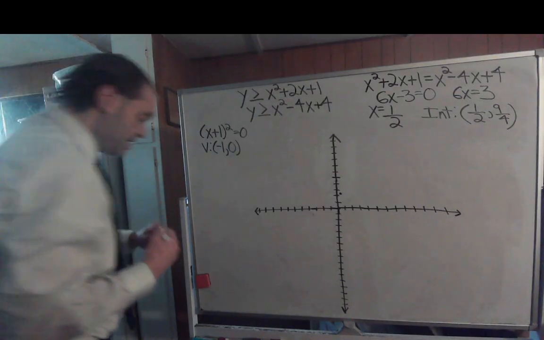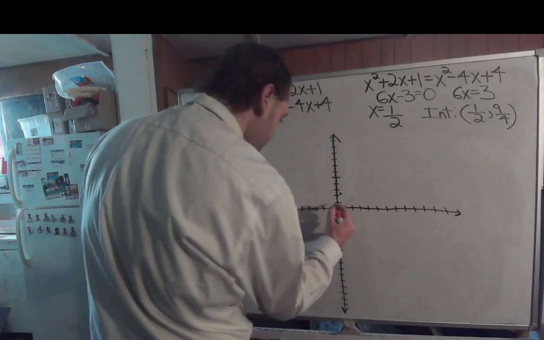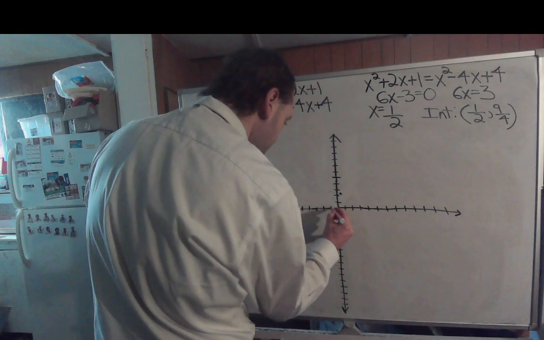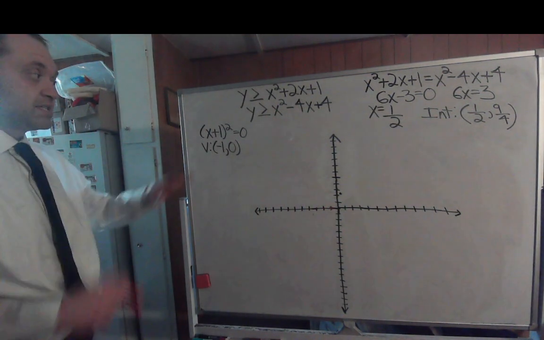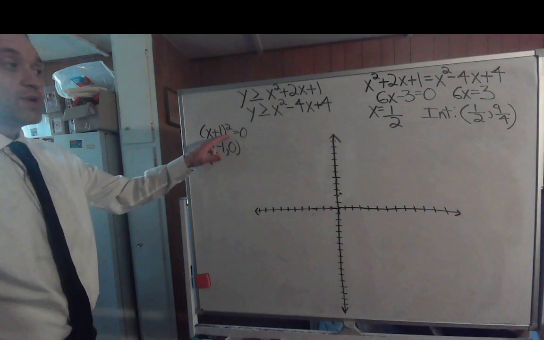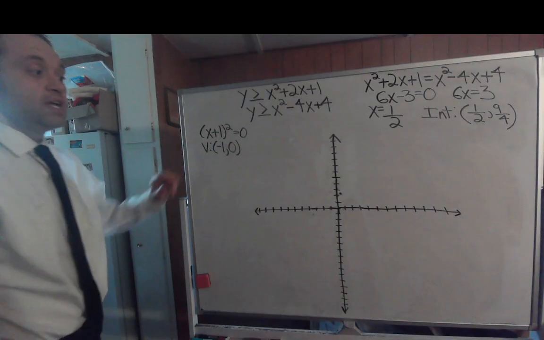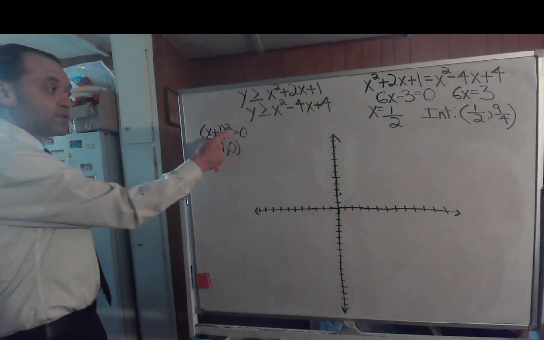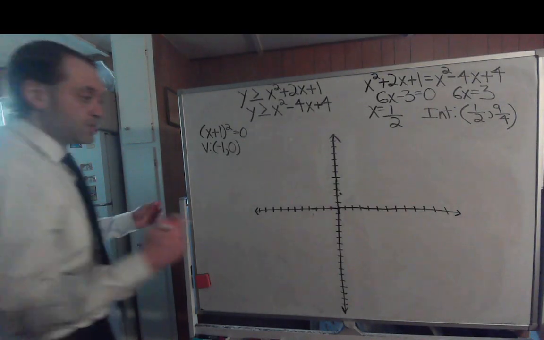So here's your vertex and the x-intercept, and it only touches the x-axis because the factor is raised to an even power. Remember, if it's even, it'll just touch. If this were to the first power or third power, it would cross through the axis.